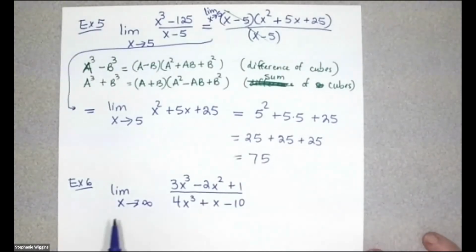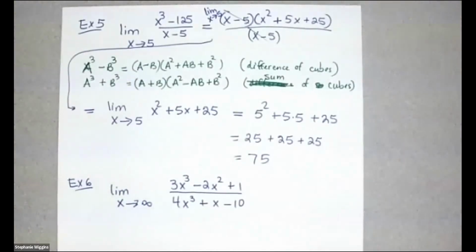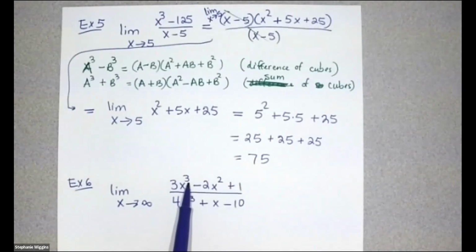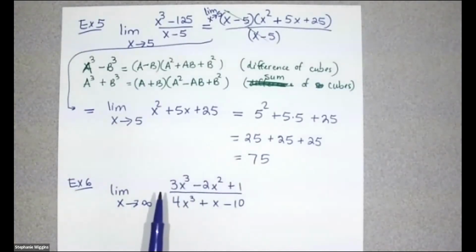But whenever you're working with infinity, what happens is when you have powers on x, even though this 3 is only 1 more than 2, for very, very large numbers, this extra power is going to just swamp this right here.